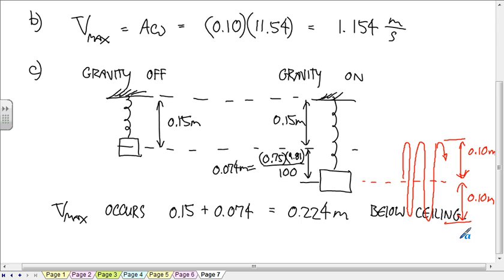And so how do we get the farthest this ever gets from the ceiling? Yeah, that's right. The farthest it ever is from the ceiling is the resting position plus another 0.1 meters. So D is 0.224 plus 0.1, so 0.324 meters.